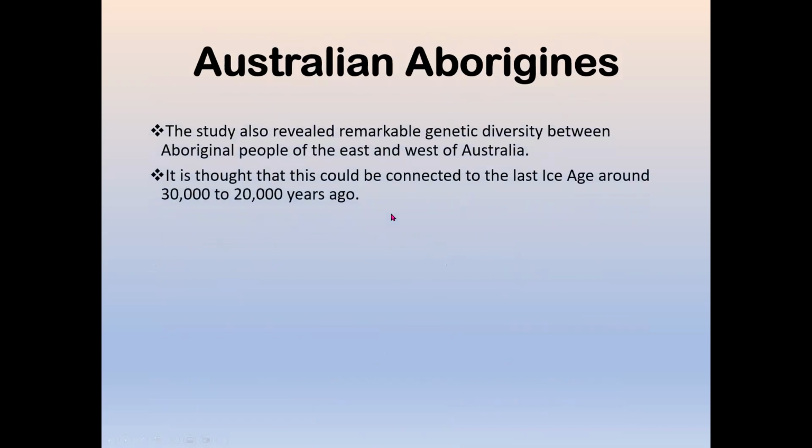Now, the other thing is there's a lot of genetic diversity between the Aborigines in the East and the West, because they slowly traveled from west to east, and that includes down south and up north and up through the center. So different streams of them, and because they were separated, they developed their own genetic characteristics, but it's very slow development.